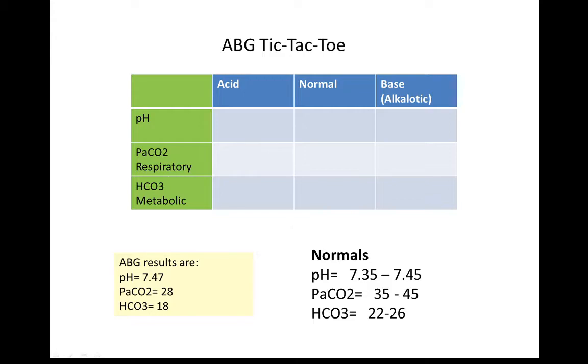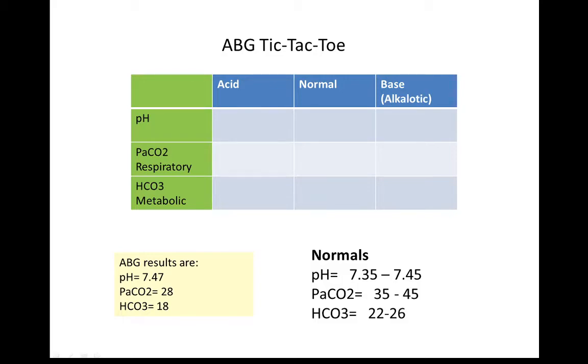I labeled these acid, normal, and base, and the 3 components we're going to look at are pH, PCO2, and bicarb. You're going to place these components in the chart, and the row that has 3 in a row is the winner, or at least 2 in a row, I should say.